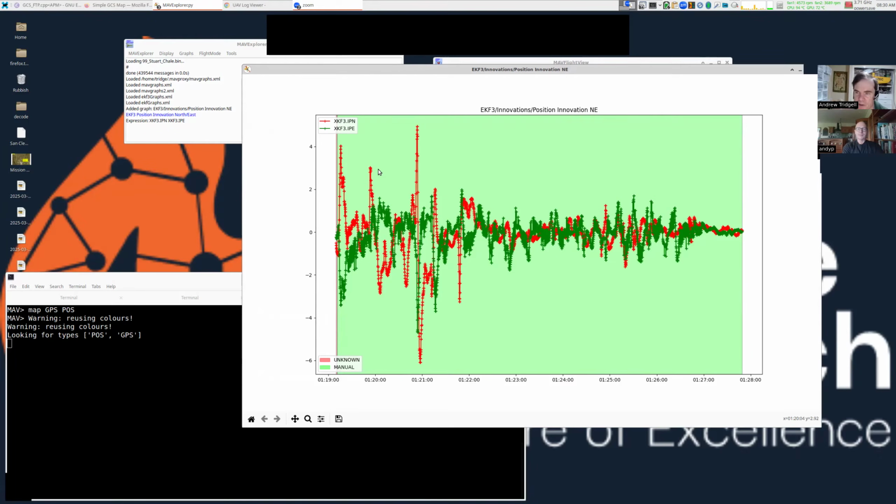So the GPS is giving us our latitude, longitude estimates. And I say estimates because a GPS is itself an estimation system. GPSs are magic devices. They're little miracles, really.